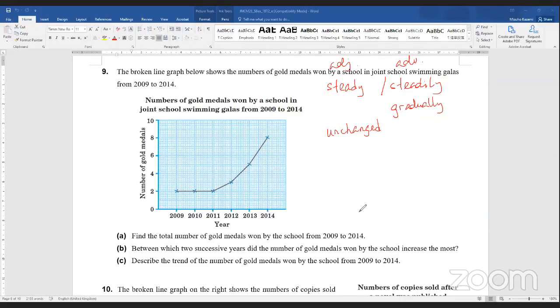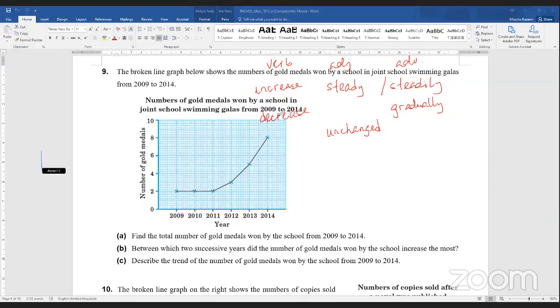Okay. Of course, for the verb, you should know these words. Increase, decrease. If we use the word as a verb, then it is pronounced as inCREASE, deCREASE. But if I use the words as nouns, then it will be INcrease, DEcrease.